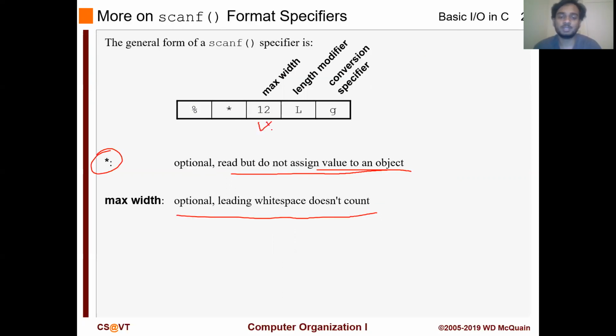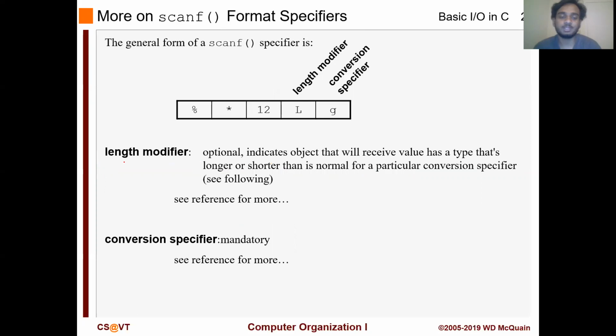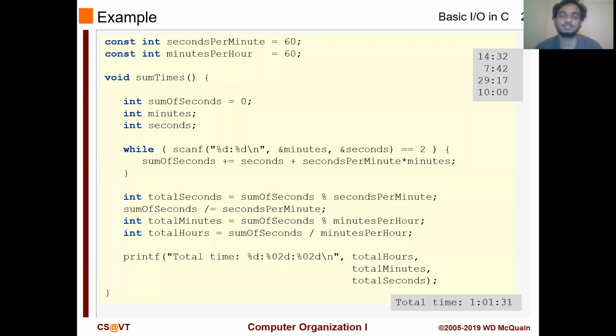So that's what the max width does. The length modifier is optional as well. It indicates like lf or ud, just like before. And the conversion specifier is mandatory. We already saw that for printf. It's similar for scanf as well.